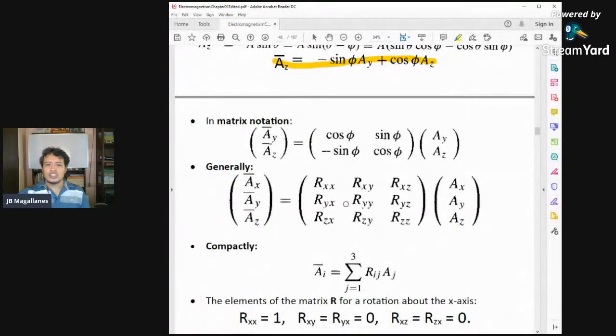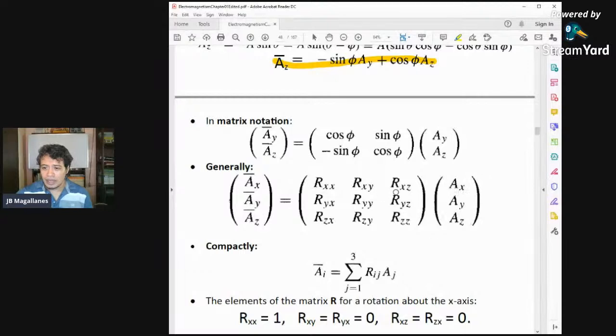In general, if you have a three-dimensional vector, you'll be multiplying it by a matrix with dimensions 3 by 3.